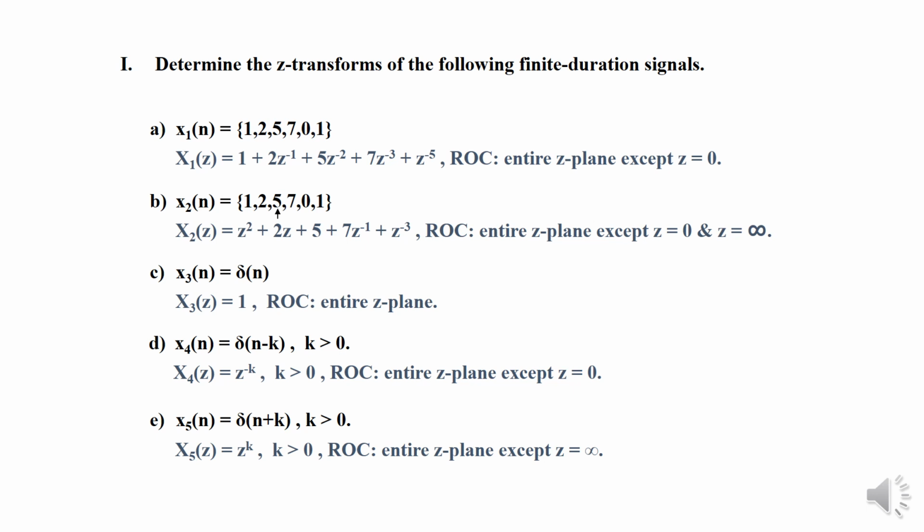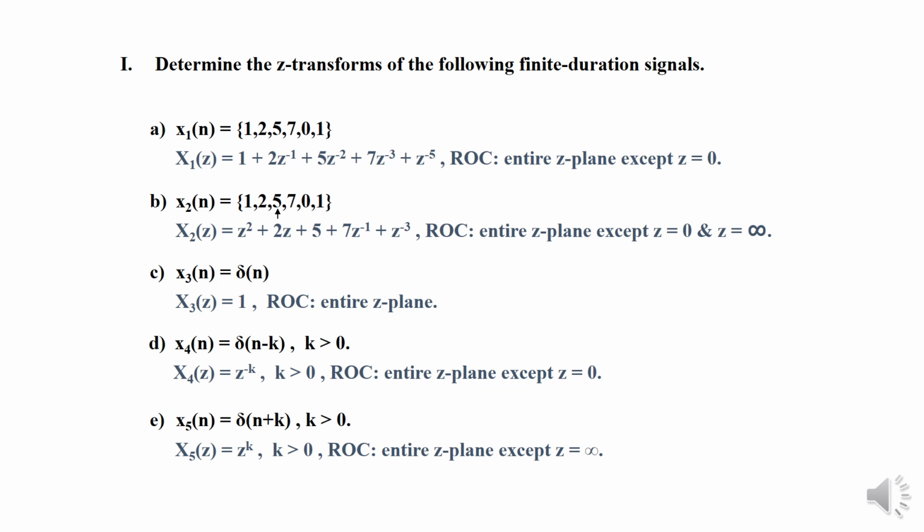When n is equal to minus 2, x2 is equal to 1. And when n equals 1, x2 is equal to 7. When n equals 2, x2 is 0. So likewise we will have both. If you draw x2[n], it will be both-sided. It will go to the negative side and positive side both, right?